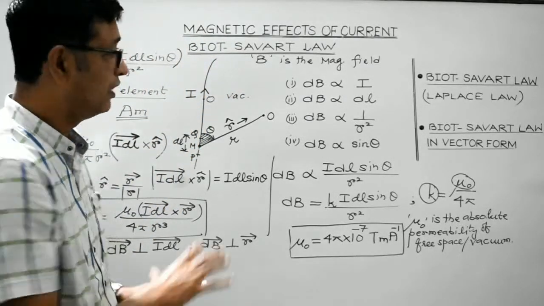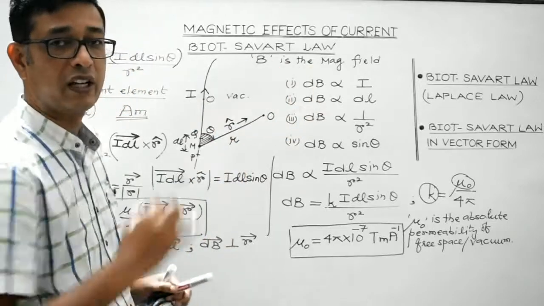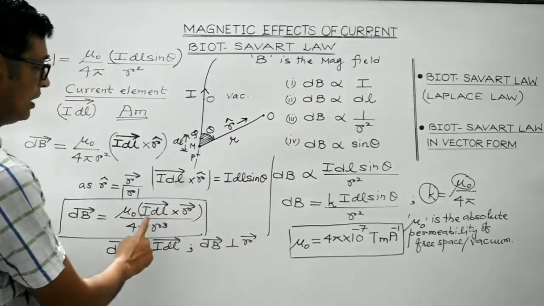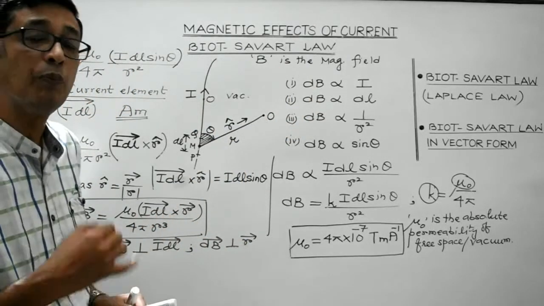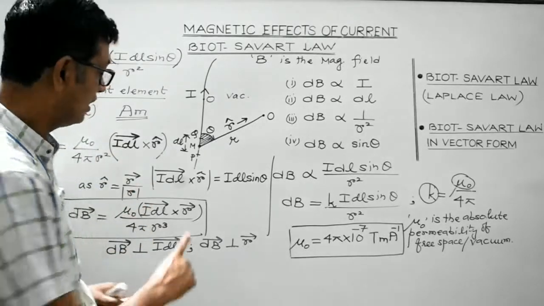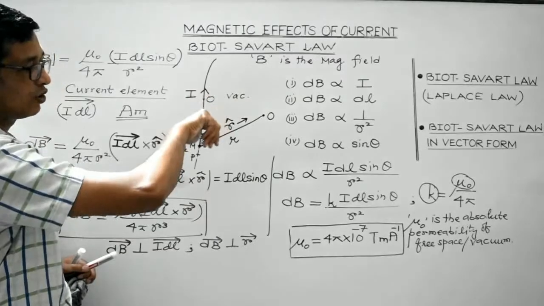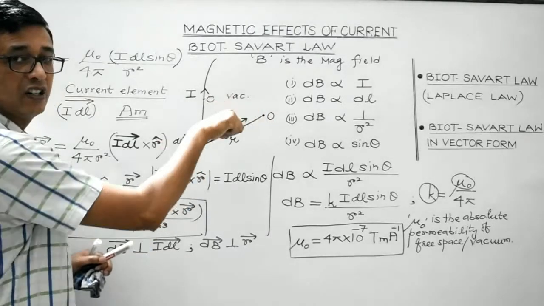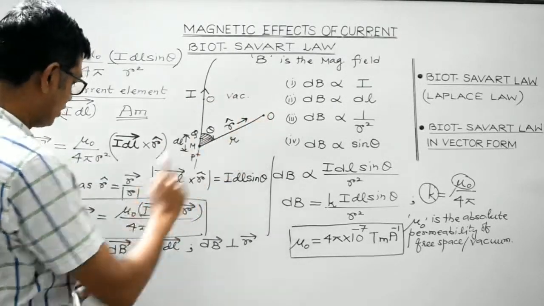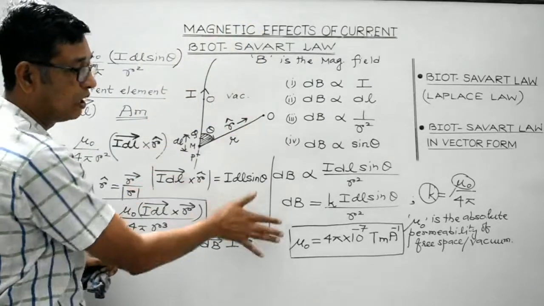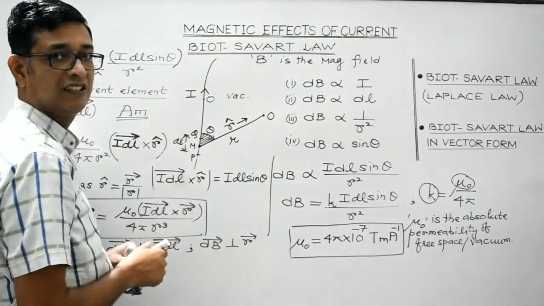Now whether it's in the inward direction or the outward direction can again be found by using the properties of the vector product. Here the angle is oriented from the dl vector to r vector, so it will be like this. The thumb is indicating the inward direction. Therefore the direction of dB vector would be perpendicular and directed inwards.